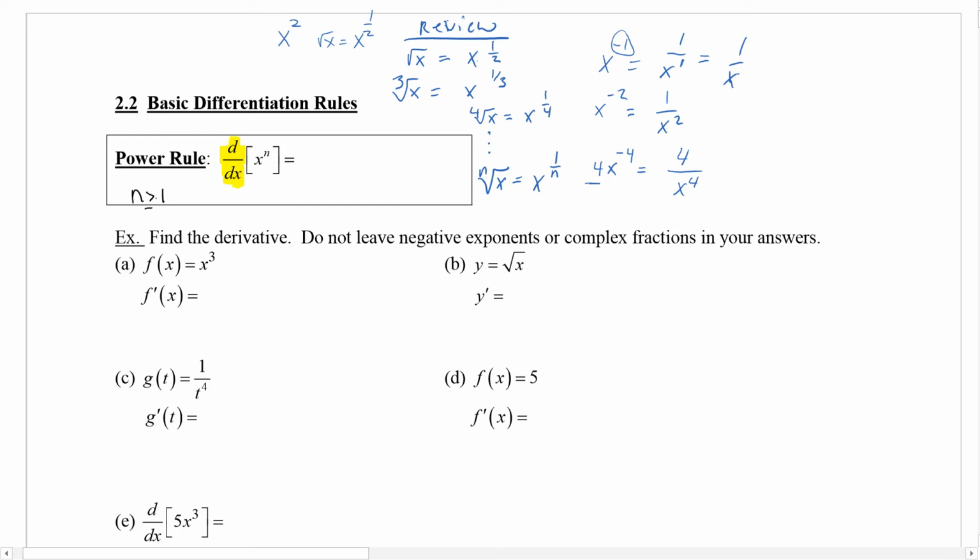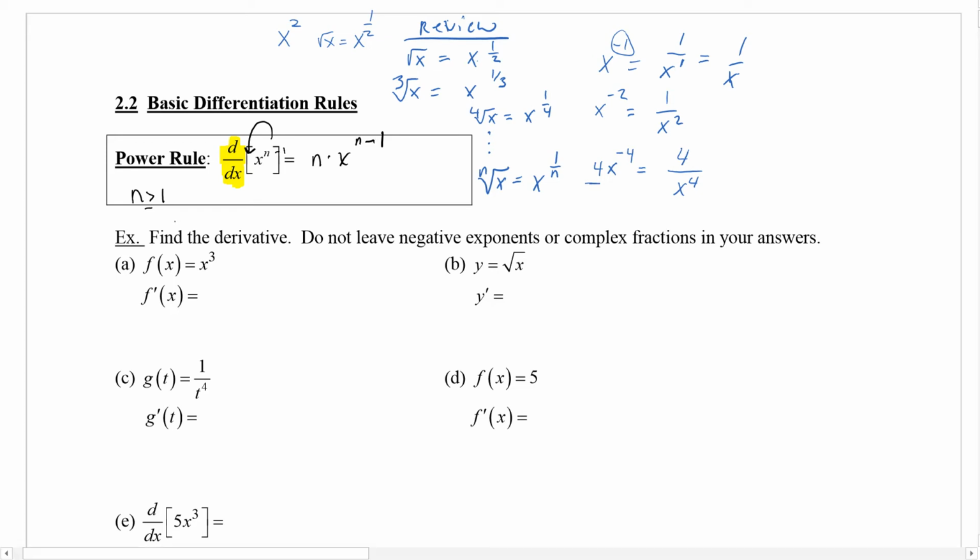The derivative rule says that we drop the n as a coefficient and we take 1 away from the power and we're done. Let me rewrite this. The derivative of x to the n is n x to the n minus 1. That's it.